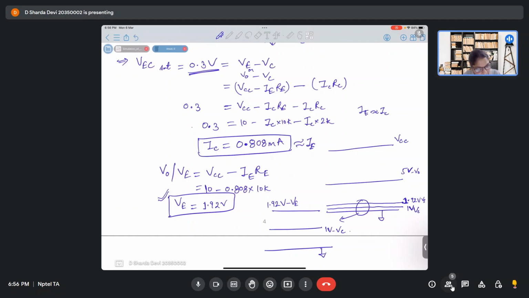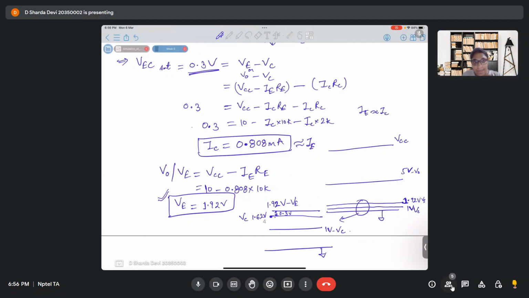This is the minimum value your VE can attain. So from this, 0.3 below it is how far your VC can go, right? So your VC can go till 1.62. Is this clear? This 0.3 it will maintain, to keep your transistor in active region. Is this clear what I am trying to say?